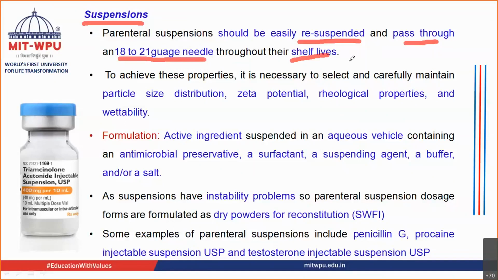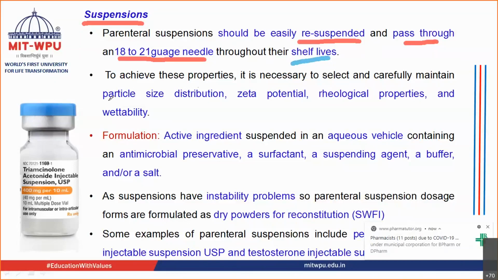Because many a times, as aging happens, there are chances that the particle size grows. Hence, up till the shelf life, your suspension should pass through an 18 to 21 gauge needle. In order to achieve this property, you have to carefully maintain three to four things.